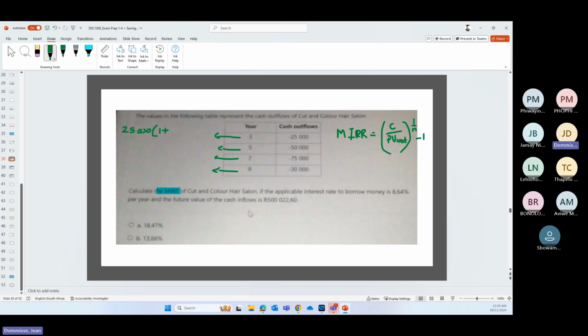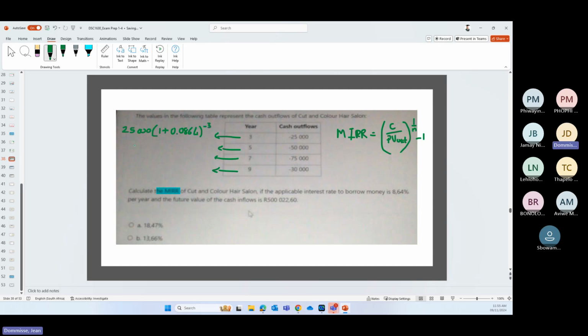Why am I now lost for words? For any compound interest or any of those, remember this formula that we will use. So we've got the interest rate of 8.64, so 0.0864. We will need to work out the present value of that one. It's minus 3.